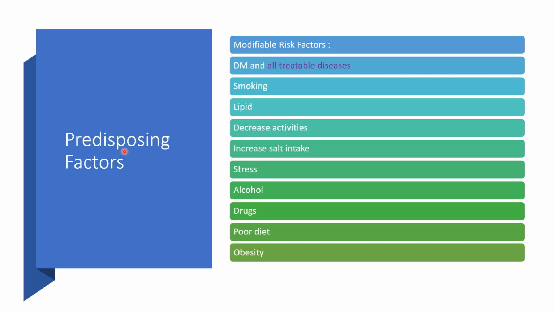Now, predisposing factors could be modifiable risk factors or non-modifiable. The modifiable ones mean you can handle them, you can adjust them, you can treat them, you can bring them under control, like diabetes mellitus and all treatable diseases that can lead to hypertension. Smoking, you may choose to stop it. Lipids could be treated with statins. Individuals with decreased activity can choose to increase activity now.